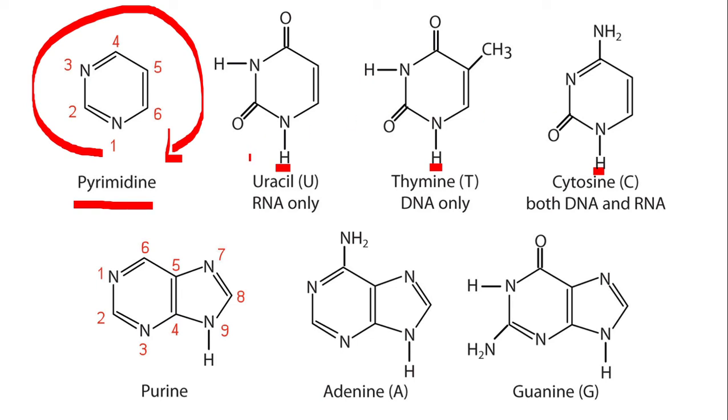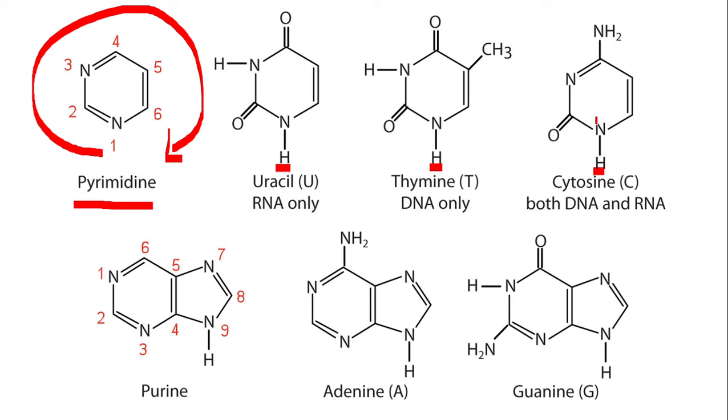And the third member is a nitrogen atom. There is a hydrogen atom in both the uracil and thymine, while it is not there in cytosine. Because on the fourth site, there is a double bonded oxygen in both uracil and thymine, while it is an amino group in the case of cytosine.